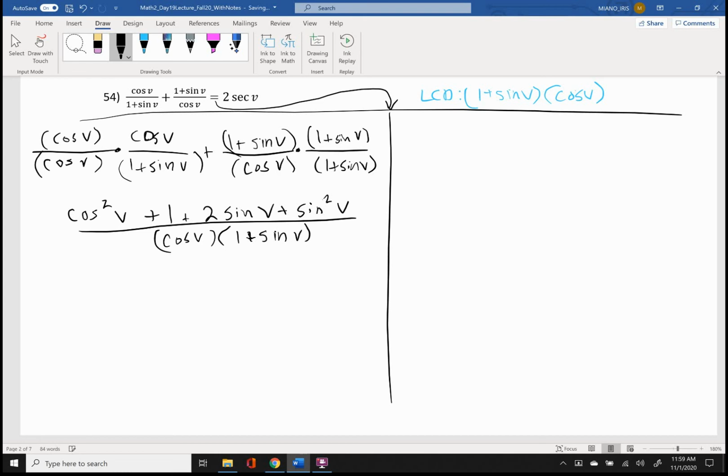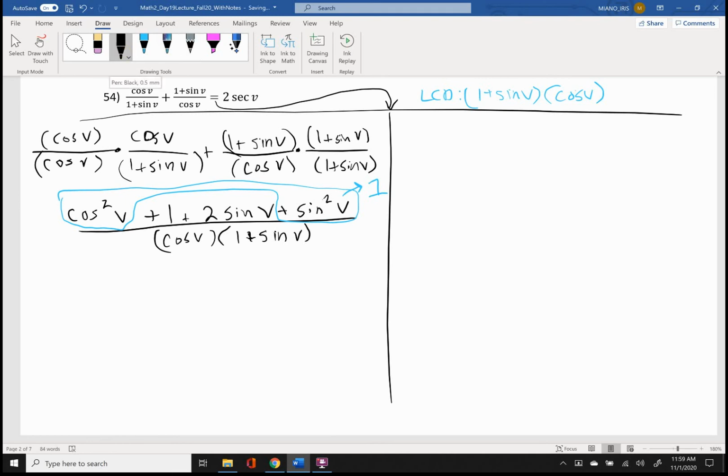Okay, so very cleverly, you may notice that you have a cosine squared V plus sine squared V. And what is that? Well, that's just a 1, according to the Pythagorean identity.